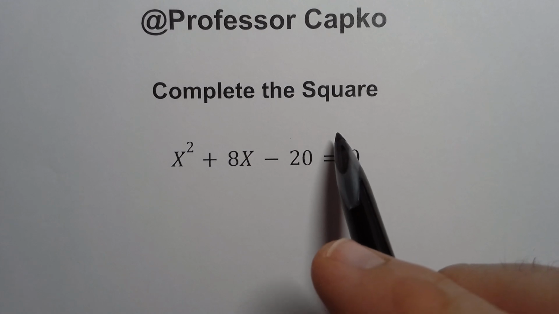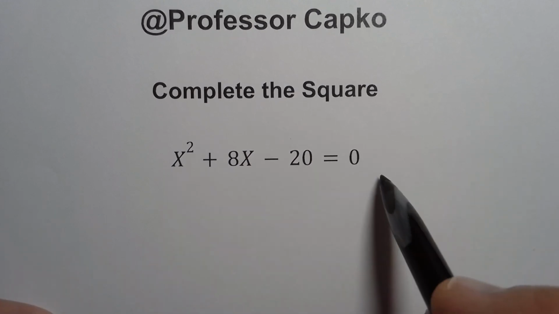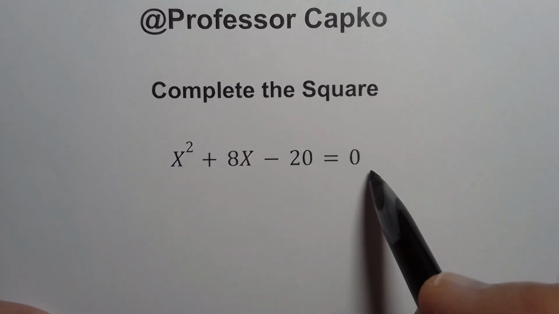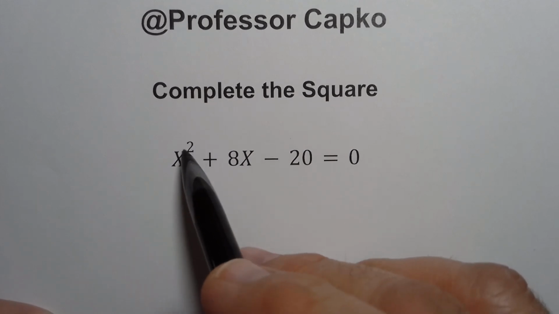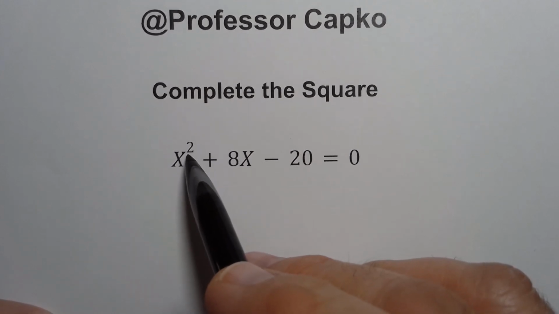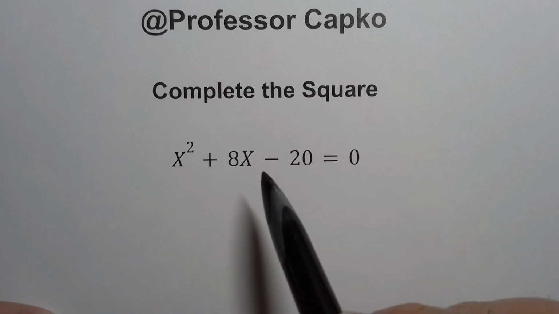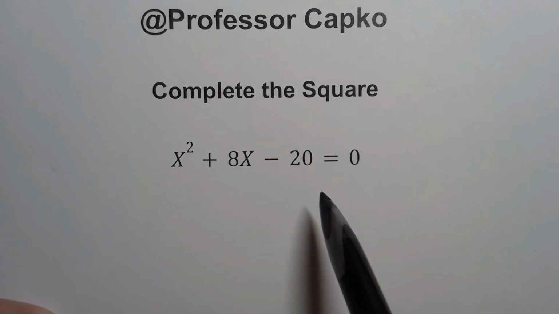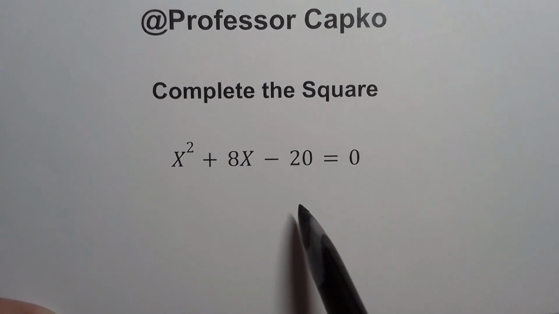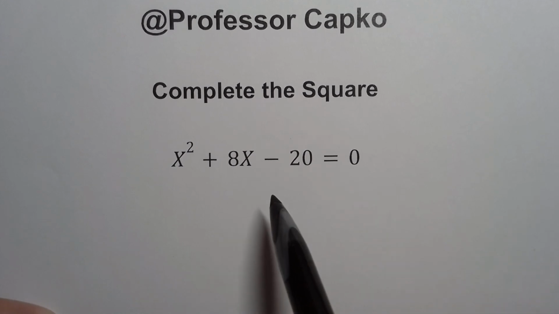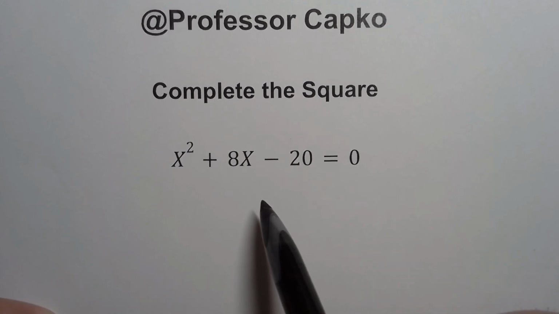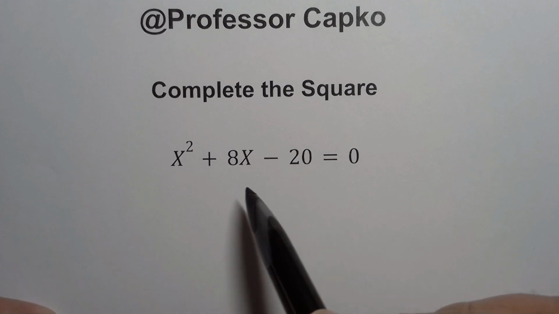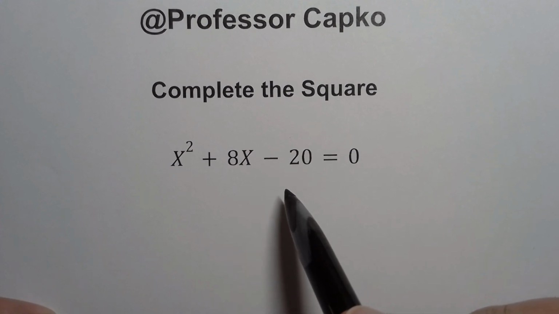Completing the square is another way of solving a quadratic, such as this one. A quadratic has a squared term of some sort, and you could solve some of these through factoring, and actually this one could be factored, but we're going to use the completing the square method. You can also use the quadratic formula.